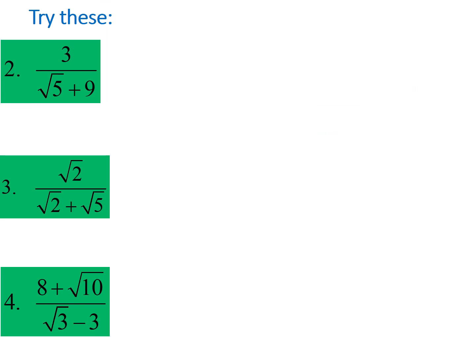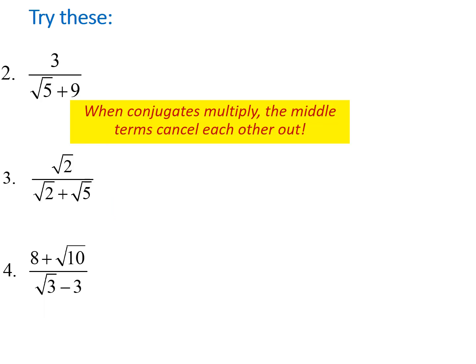All right, so we're going to try these. We can look at each one, look at the denominator, and we see we need a conjugate for each one. So the conjugate is going to be the same terms with a different sign in between. So let's take a look at this first one. The denominator is square root of 5 plus 9.